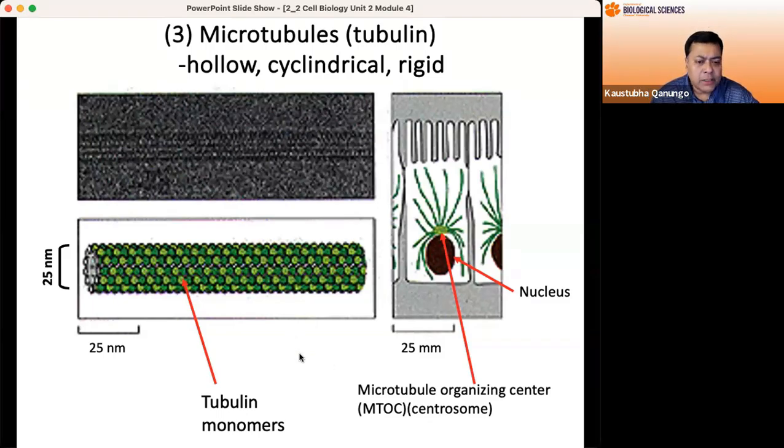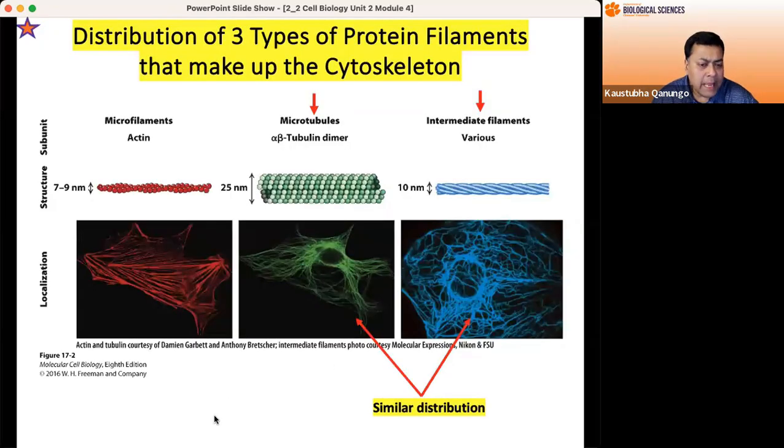All right, so these are some of the basic considerations. Here you have the distribution of three types of protein filaments. What we mean by similar distribution is, if you look at the microfilaments, you can see that they are running in all directions of the cell. Whereas the intermediate filaments and the microtubules are kind of radiating from the center of the cell towards the periphery.